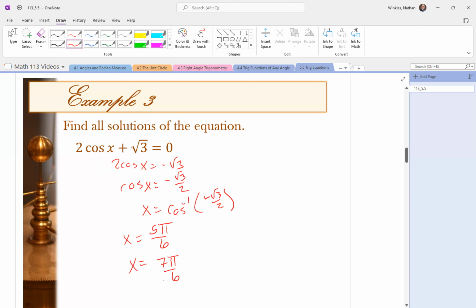Both of these cases will give us the solution to this. Now, the period of cosine is 2 pi, so we're going to add 2n pi to each one of these, because again, we're finding all solutions.